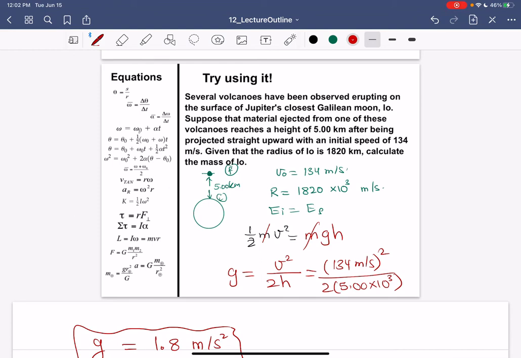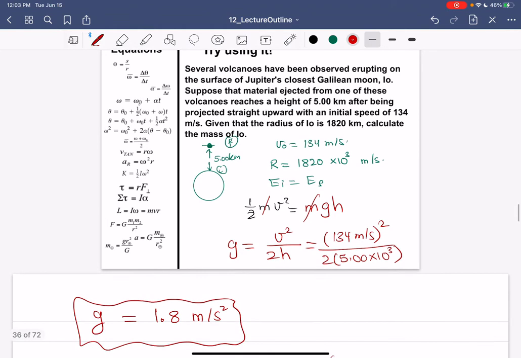Suppose that material ejected from one of these volcanoes reaches a height of 5 kilometers after being projected straight upward with an initial speed of 134 meters per second. Given that the radius of Io is 1820 kilometers, calculate the mass of Io.